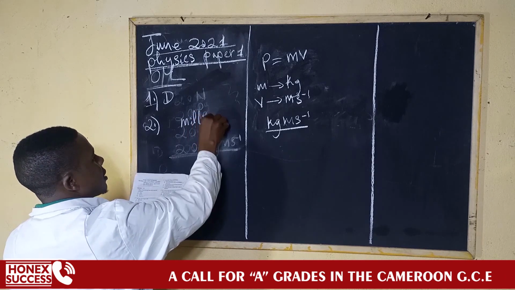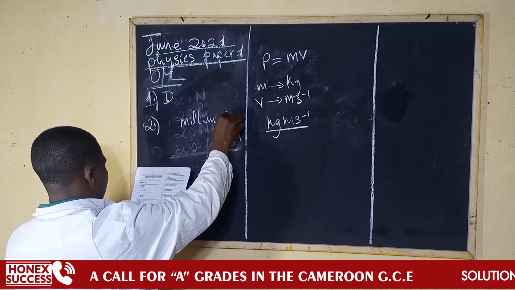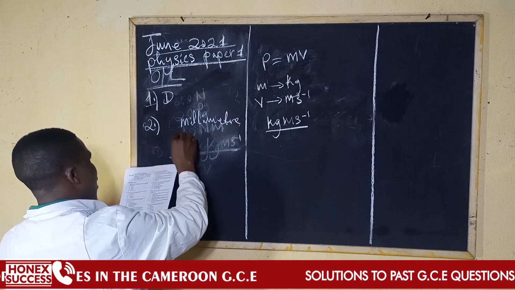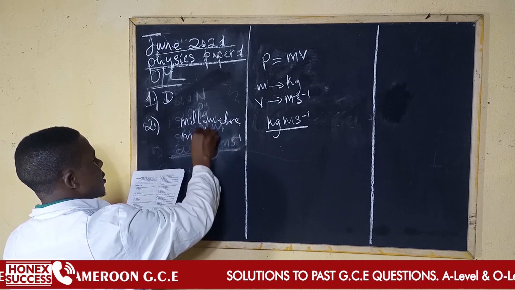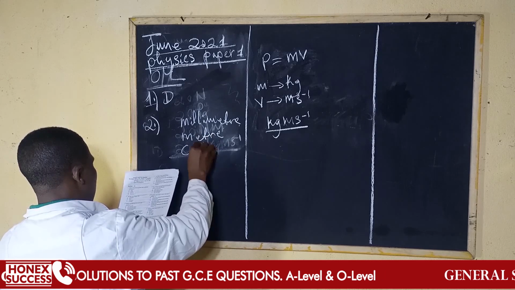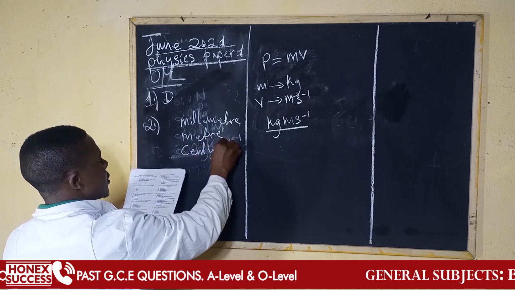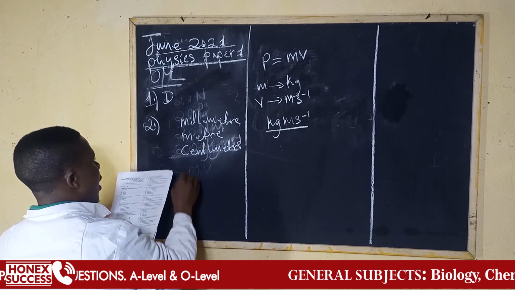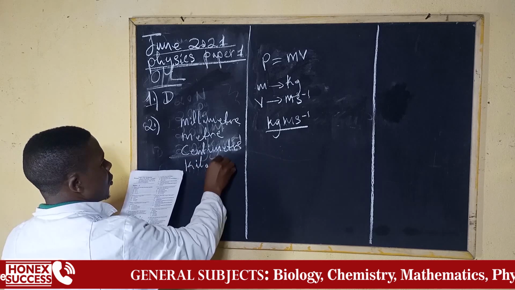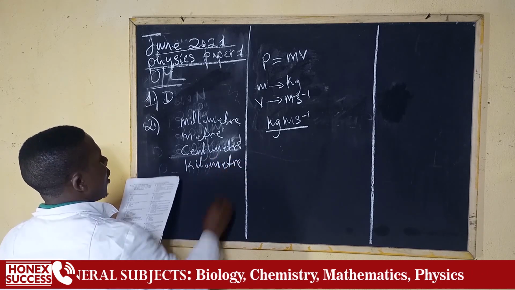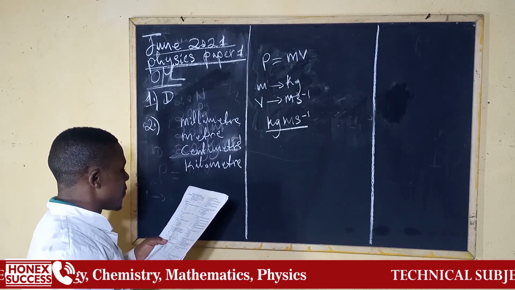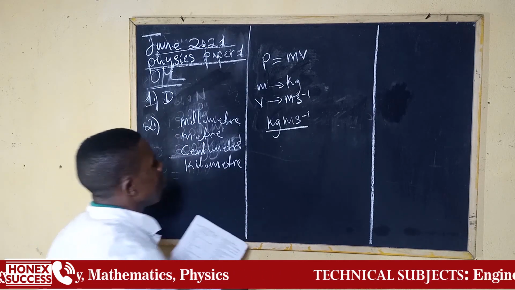We have the first option, millimeter, the second option, meter, the third option, centimeter, and the fourth option, kilometer. Okay, good. These are the 4 options that are given.